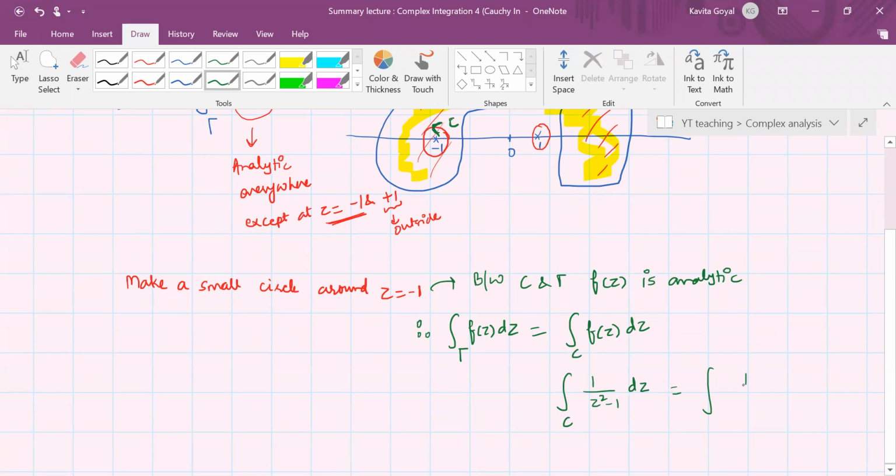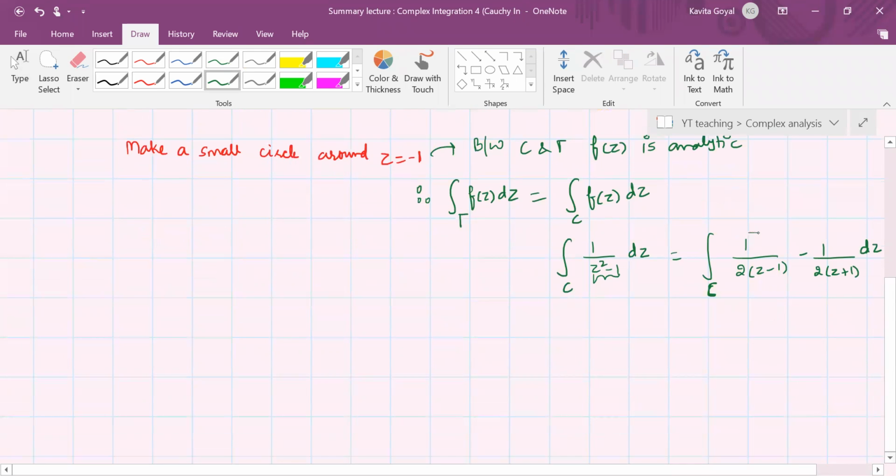So this function is 1 upon 2 times (1 upon z minus 1 minus 1 upon z plus 1) dz, because we have to separate 1 and -1. Now we know the formula for this integral, because C is a circle with center -1 and very small radius.